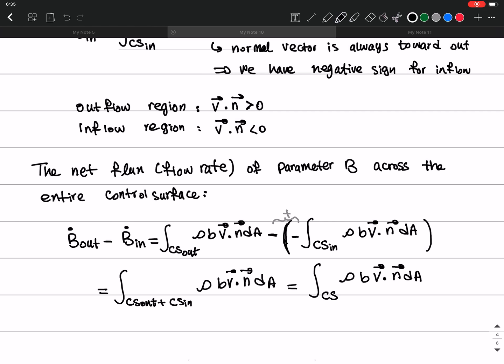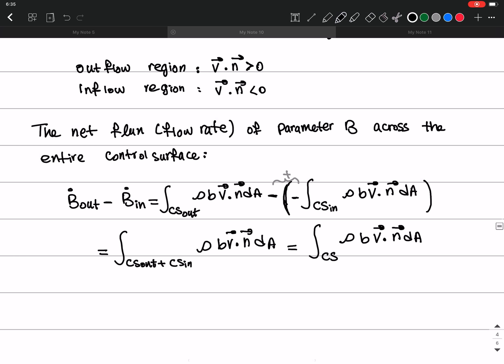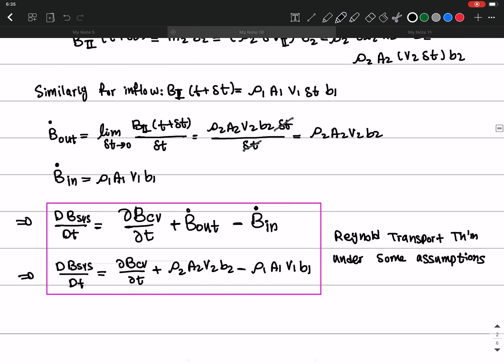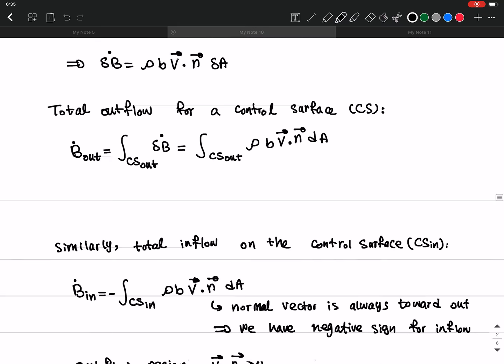Okay? Very interesting formula. And recall from the previous derivation, I just rewrite it here. We had this formula, dB system over dt equals that.